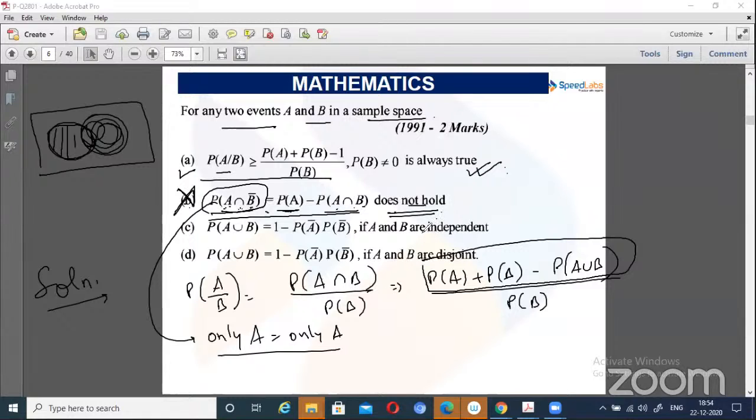Any questions? Okay, let us see the third one. P of A union B is equal to this.